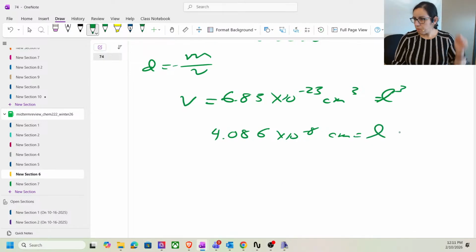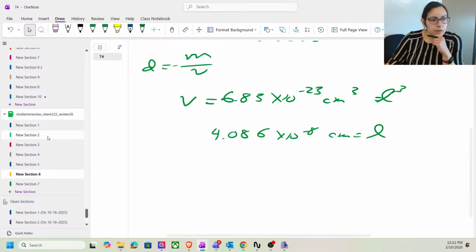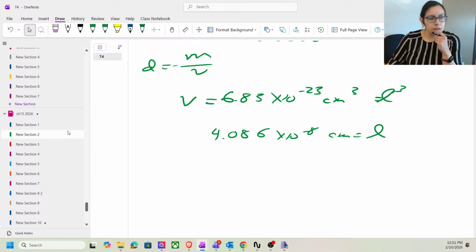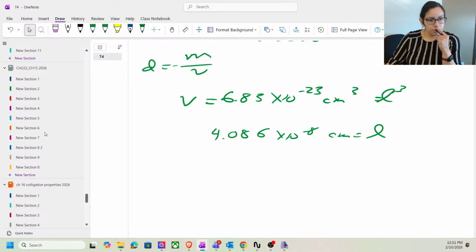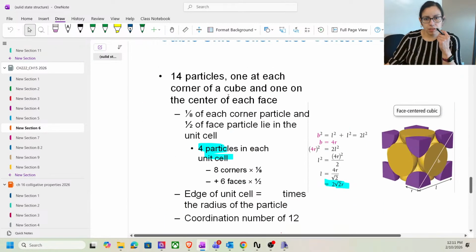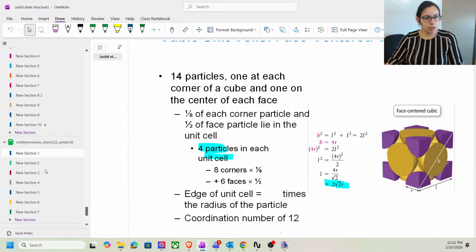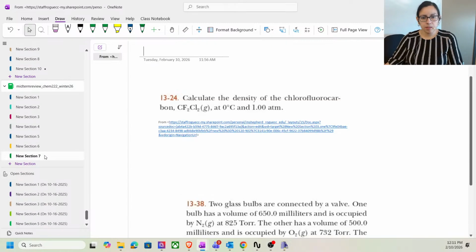And then we have to go back to our notes. Let's see if I can find them handy. Otherwise, I have the formula. So here it is. Looking back, the length is equal to 2 times the square root of 2 r. So now we can go back and plug that in.